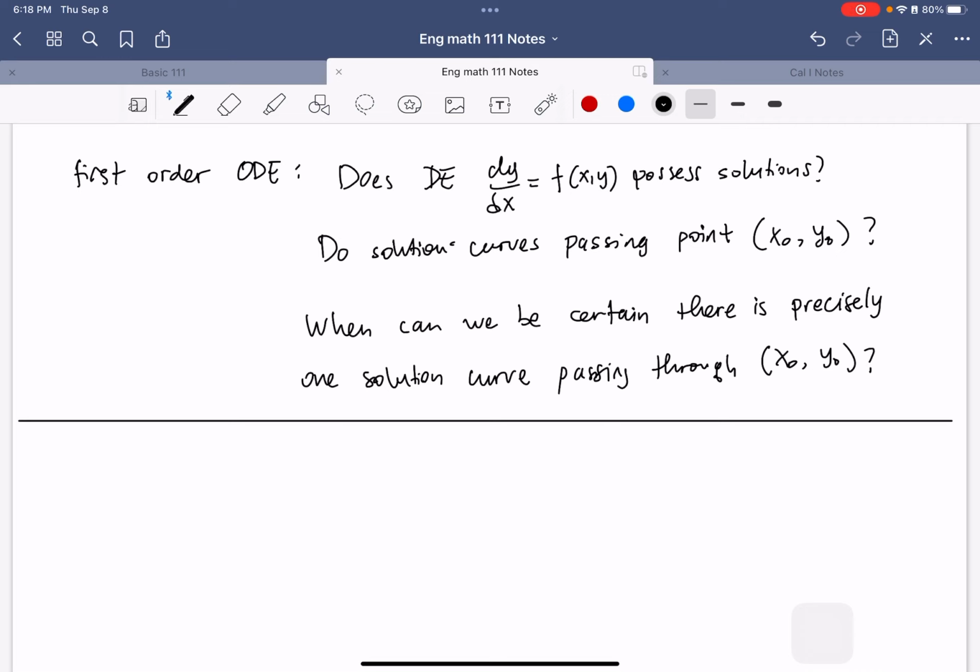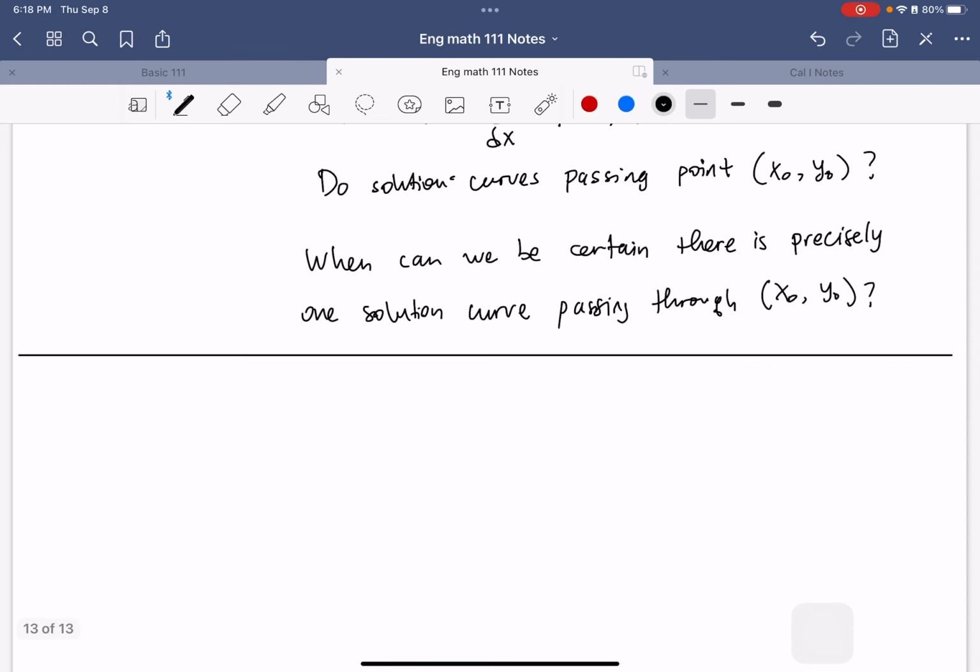Passing a point means, remember that before we have the initial value problem. That is the point actually. The point in the initial value problem will be on our solution curve. Now we need to develop something here. Let me just write with my own words here.